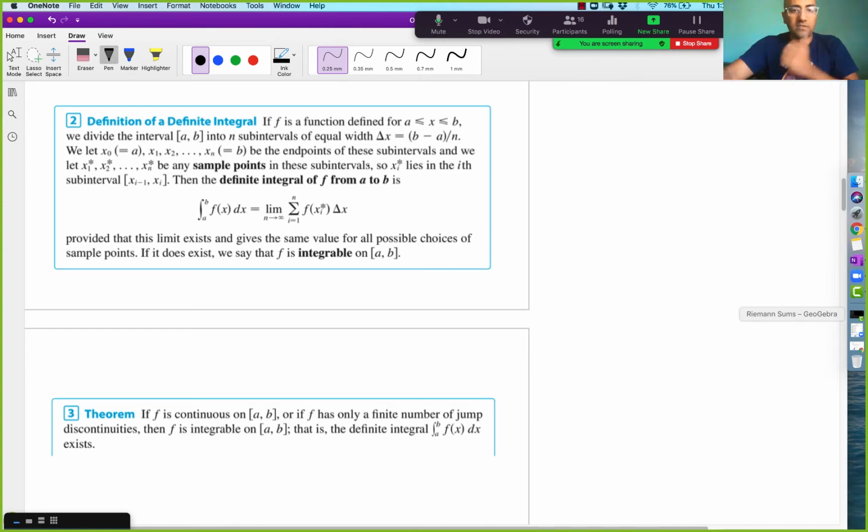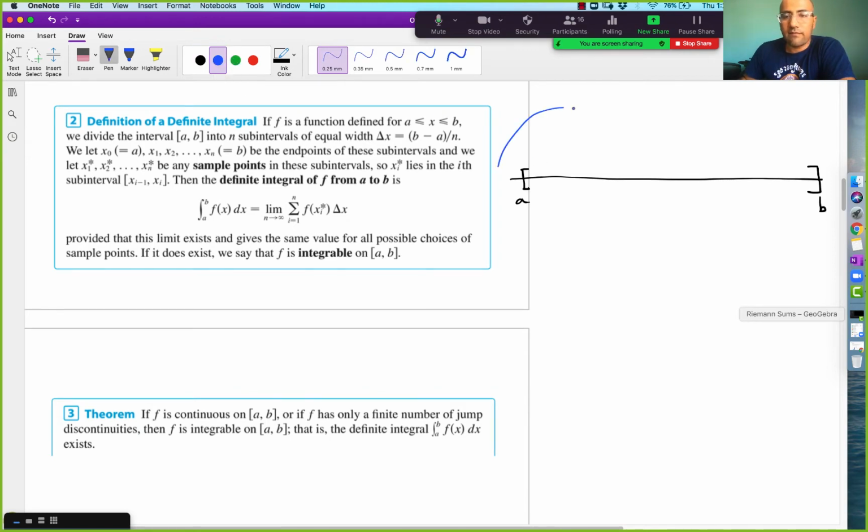You'll see some point down the line. But for now, let's just visually see what that's saying. So if we have the function defined on some interval from a to b, inclusive of the endpoints, so the function is defined there. So let's say the function does this. Here's f of x.